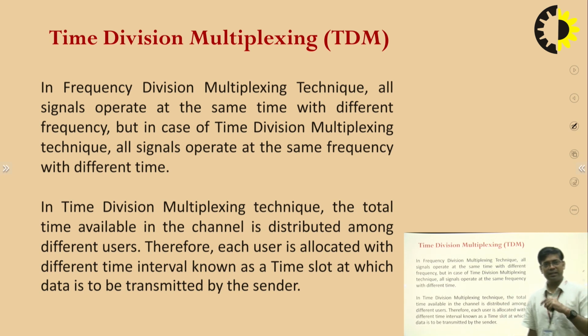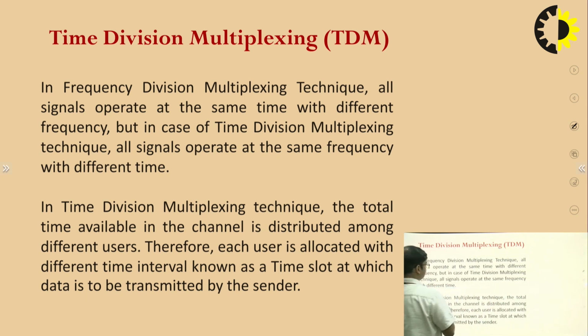But in case of TDM, all these signals occupy different time slots. Instead of frequency slots, as in FDM, all the signals occupy different time slots in TDM. So we can see here all signals operate at the same frequency with different time.